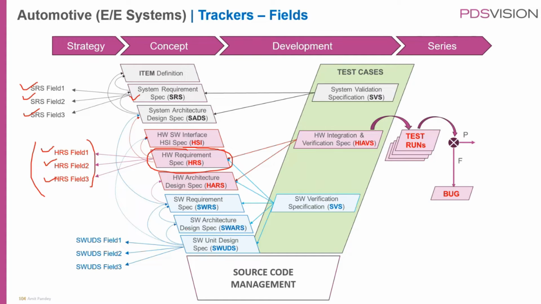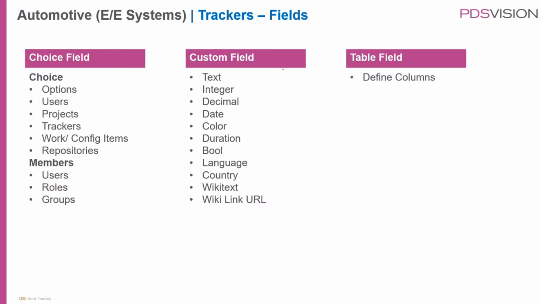All the work items which I create for software unit design spec will have their own fields. These are just for illustration purposes, but I wanted to highlight that each tracker can have its own set of fields. And what fields are possible? That is what we will discuss, and we'll do a demo in today's session.